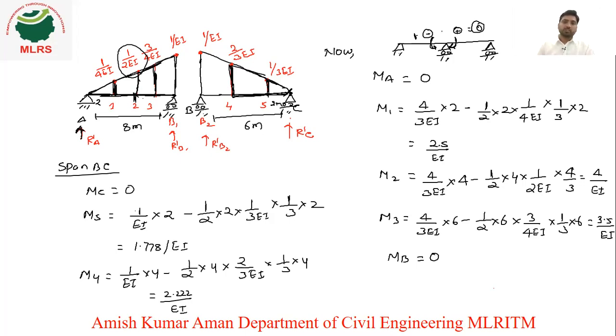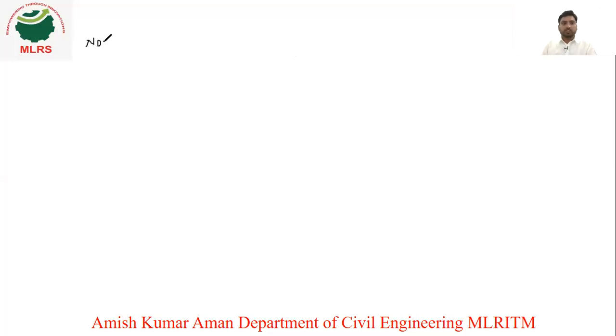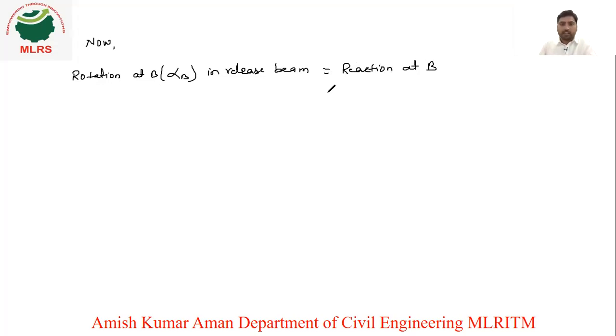Okay. So now we can remove all this. So now you can see, if you want to find rotation at B, that is alpha B in real beam, it will be equal to the reaction at B, and that reaction at B is nothing but RB1 plus RB2.